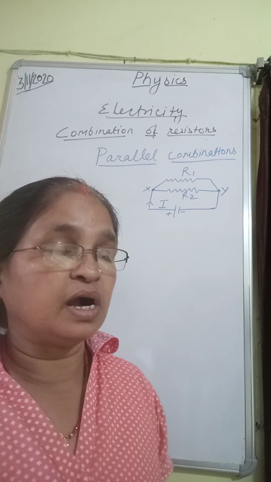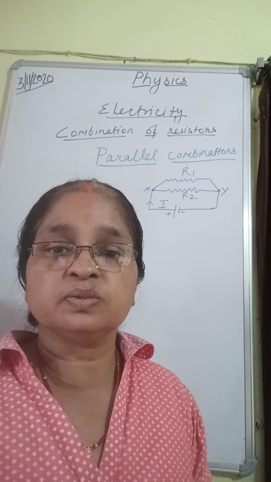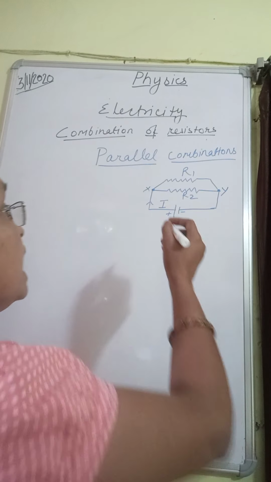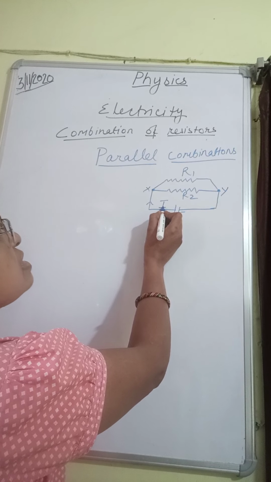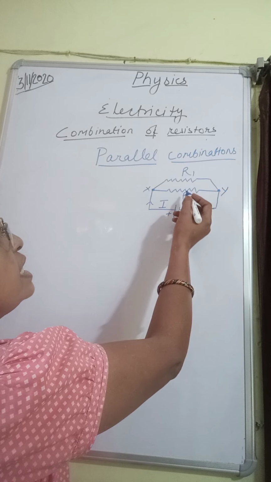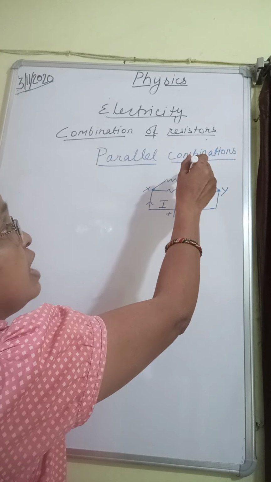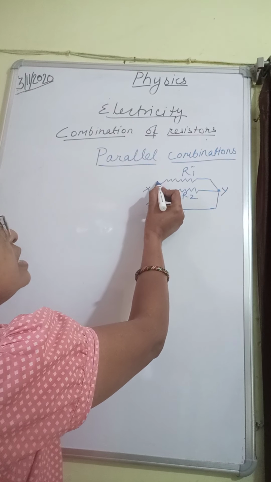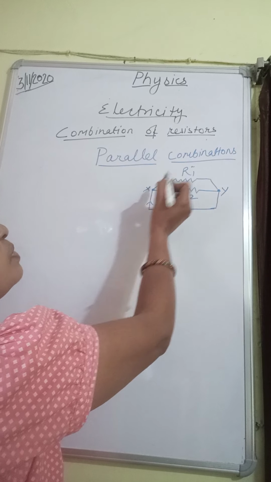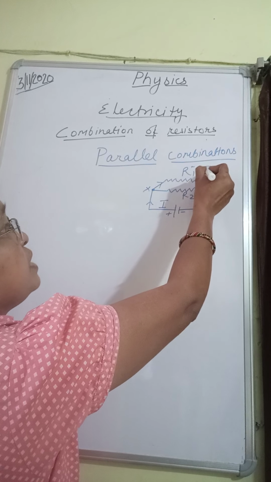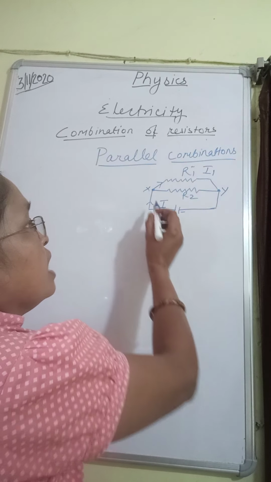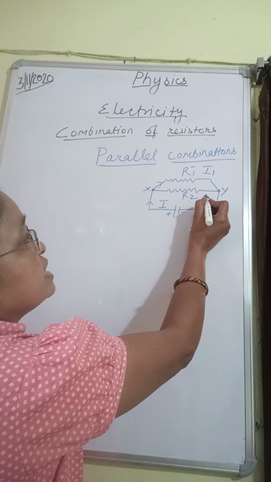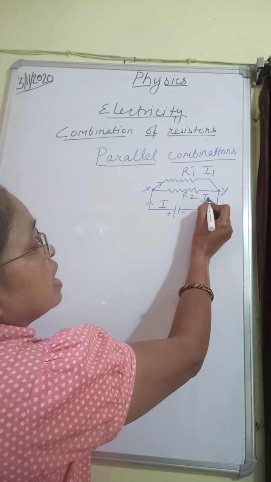Either it will go through R1 or it will go through R2. In that case, the current I divides in proportion to the value of R1, and the current in this branch let it be I1. Again, I divides for R2 and the current will be I2.